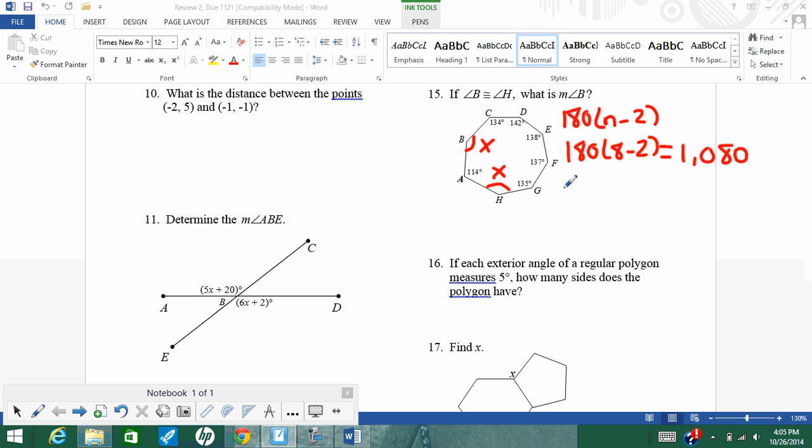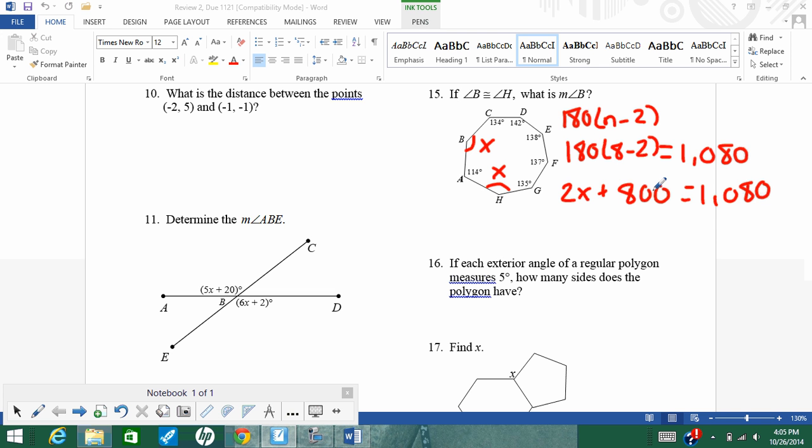I'm going to add the two x's together. That's 2x. I'm going to add all of the rest of them together. So 114 plus 134 plus 142 plus 138 plus 137 plus 135. That gives me 800. And that should add up to 1080, and I can just solve this equation.